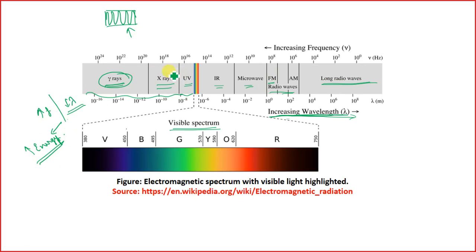Hence these rays, usually the gamma rays and the X rays, are regarded as high energy radiations. In the similar way, when we come towards increasing wavelengths or decreasing frequency, this IR, microwave, and all these things are regarded as low energy radiations.